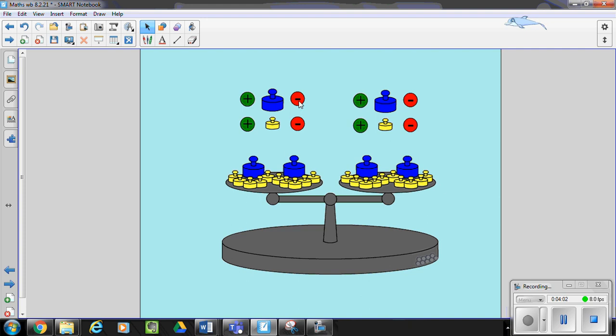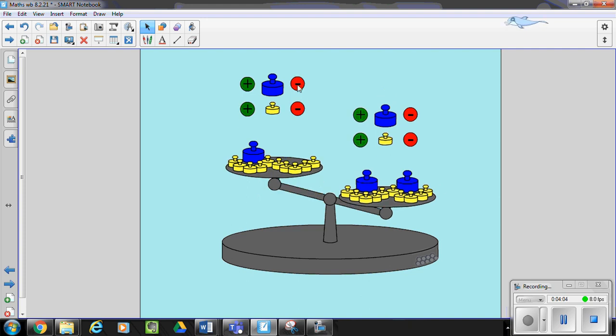I'm going to take my weights off this side now. What do you notice that has happened? This side has gone down. And the reason it's gone down is because it is heavier. So it is the heaviest.